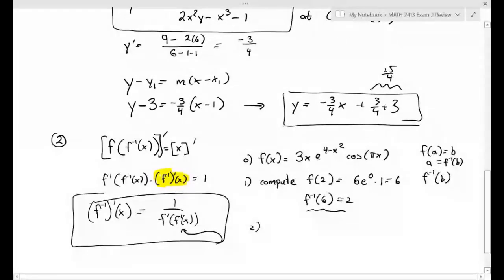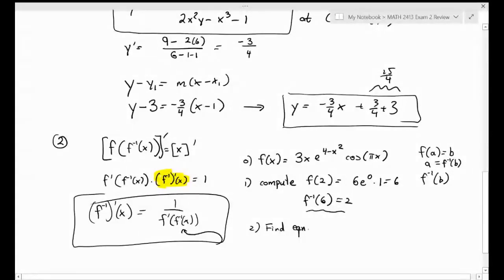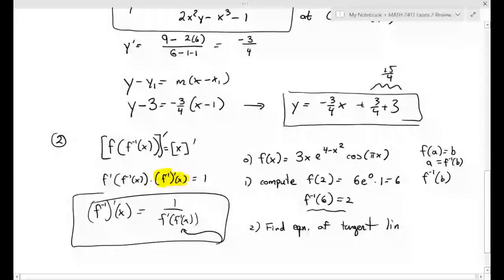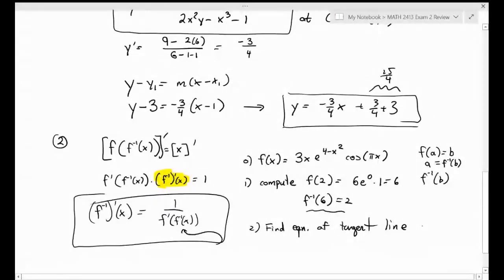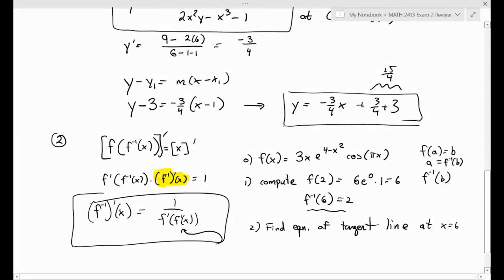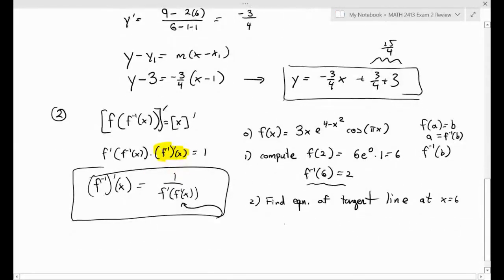So next, we're going to find the equation of the tangent line at x equals 6, which is kind of confusing. So what do we need? Well, we need a point on the graph.